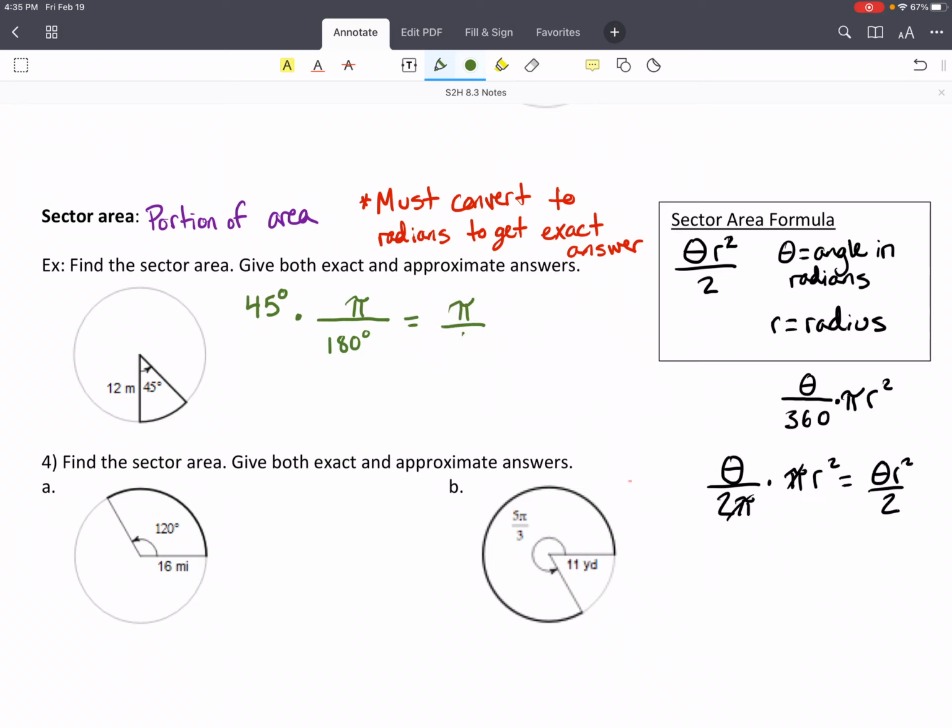That should simplify to pi over 4. So I plug that in: pi over 4 times 12 squared over 2.